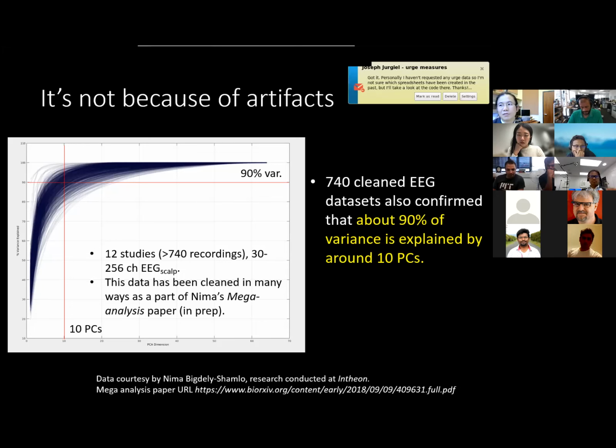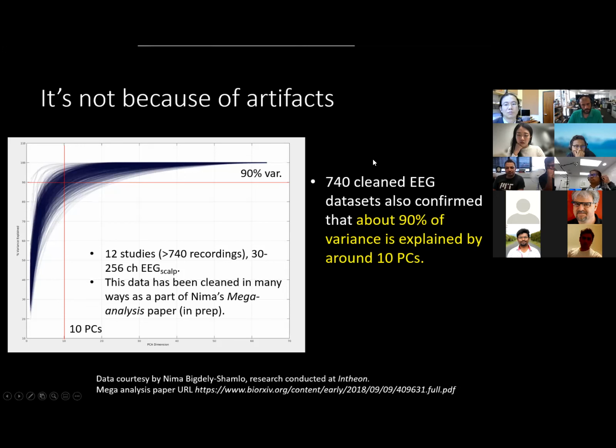And when I gave this talk, later my colleague told me, oh, that was probably because you were analyzing the uncleaned raw data. And I said, fine. And I asked my colleague to take a look at this. And he used now 740 data sets.